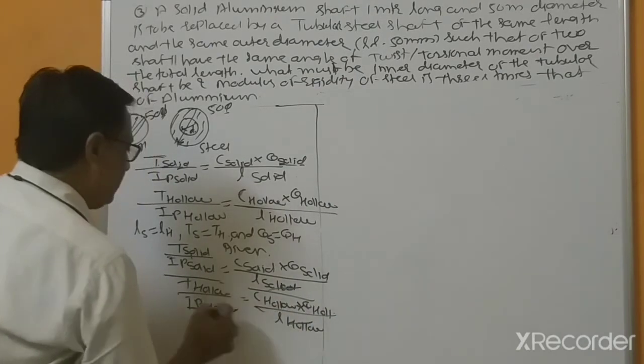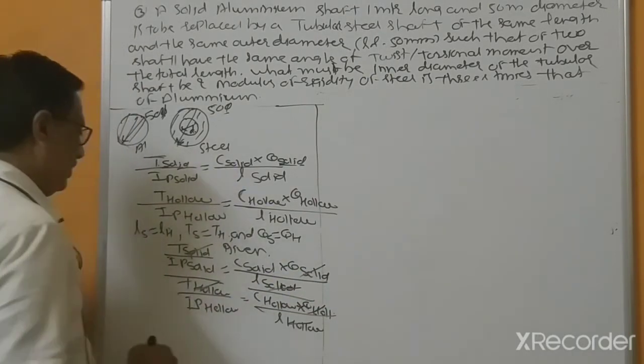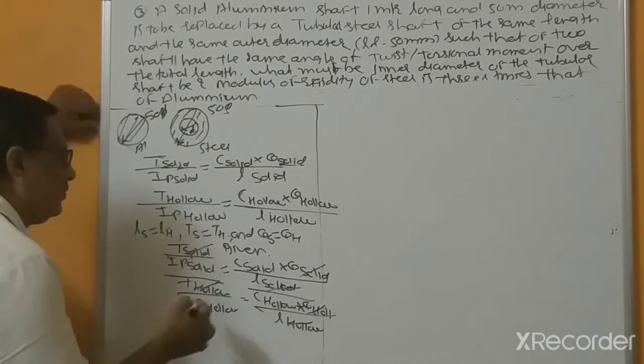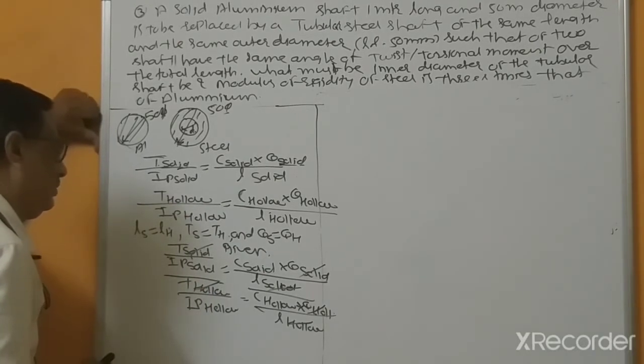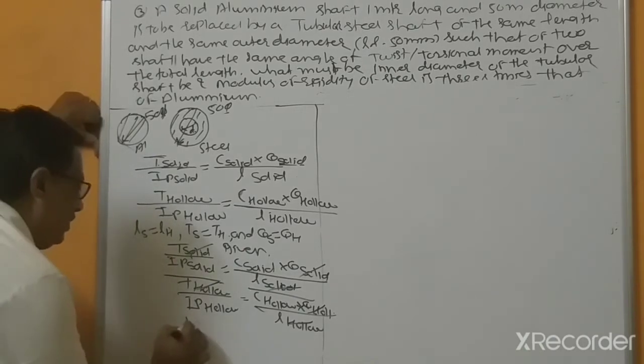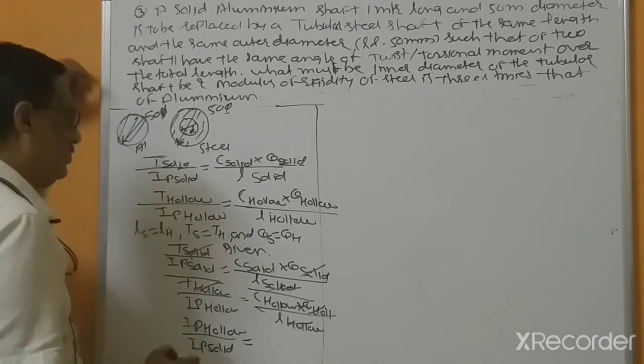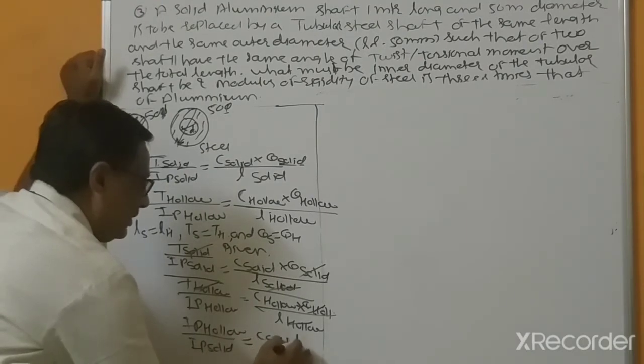So this will get cancelled, this also will get cancelled and this will get cancelled. So what is remaining? IP hollow divided by IP solid equal to C for solid and C for hollow.